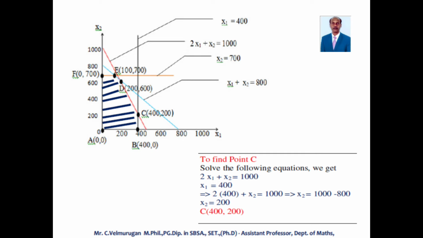Now we can find out the point D. At that point, the red line and blue line are intersecting. What is the red line? 2x1 plus x2 equal to 1000. What is the blue line? x1 plus x2 equal to 800. We can use these two equations and solve to find the two values.